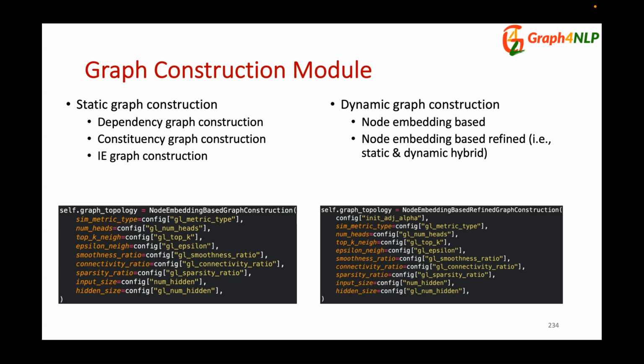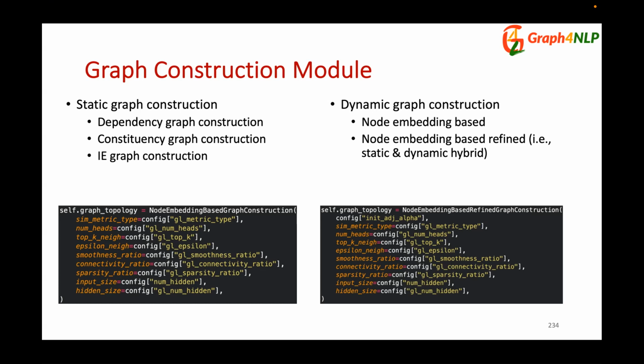And there are some other important parameters like top K neighbor and epsilon neighbor. These are parameters we can use to enforce the sparsity of the learned graph structure. And also there are some regularization parameters like the smoothness ratio, connectivity ratio, and the sparsity ratio. These parameters can be used to control the quality of the learned graph structure.